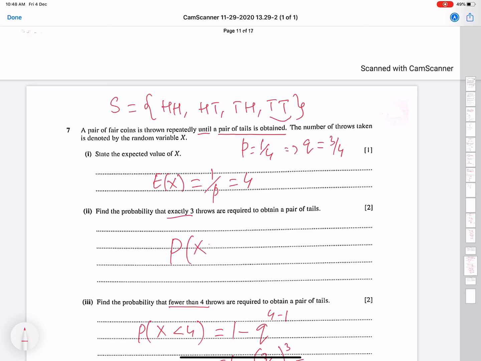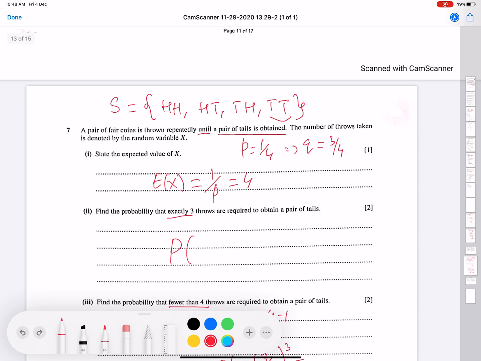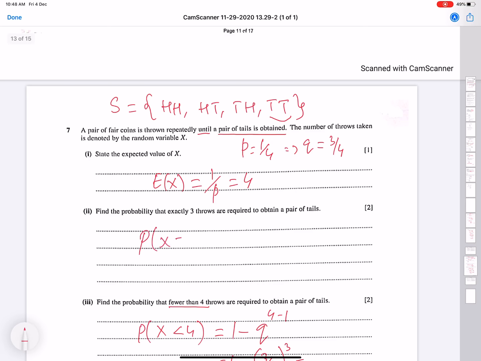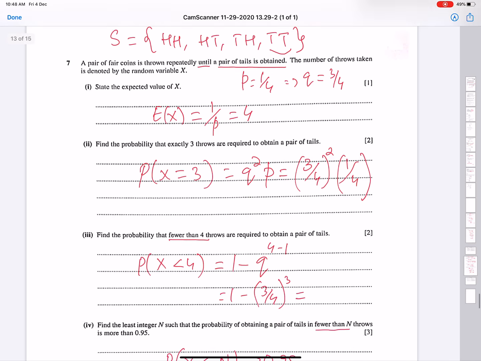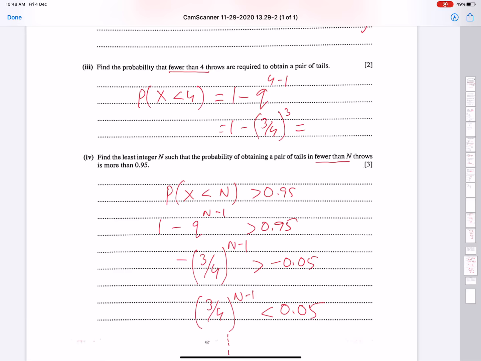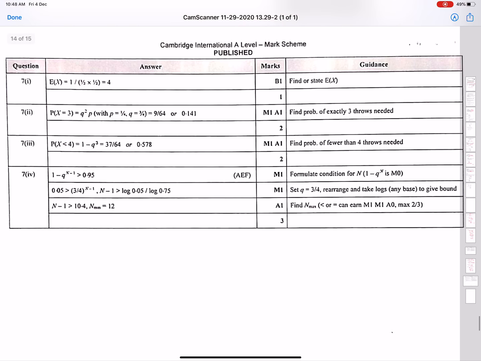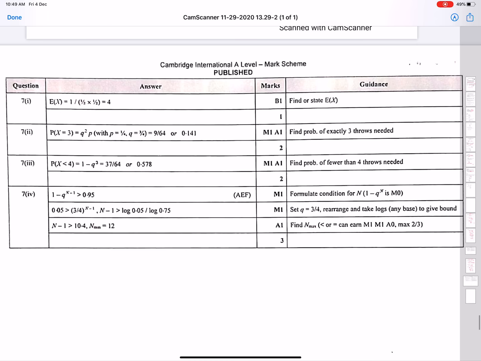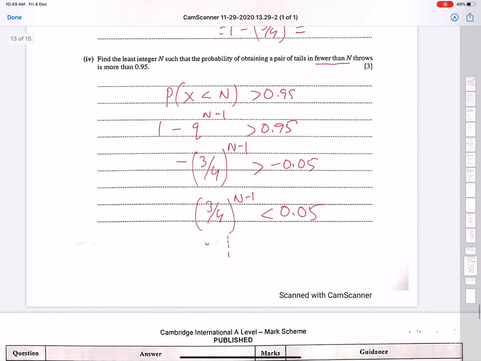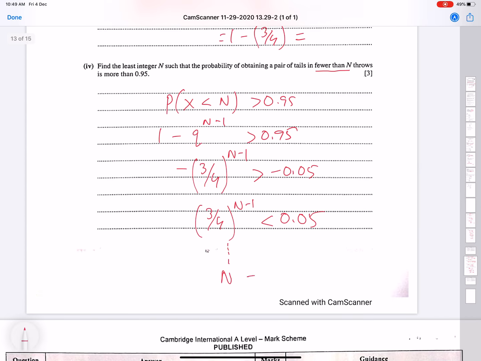I wrote the question wrongly. So this will be q square p. Now q square is 3 upon 4 and p is 1 upon 4. So this is the correction. And the third part is 1 minus 3 upon 4 whole power 3. You can see this here. And the last part is n is 12. The answer of the last n is 12.